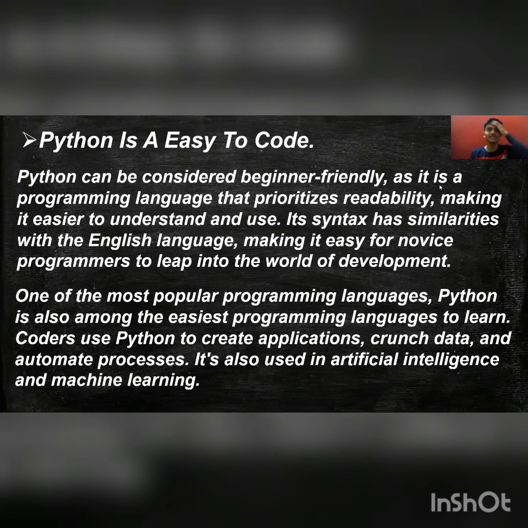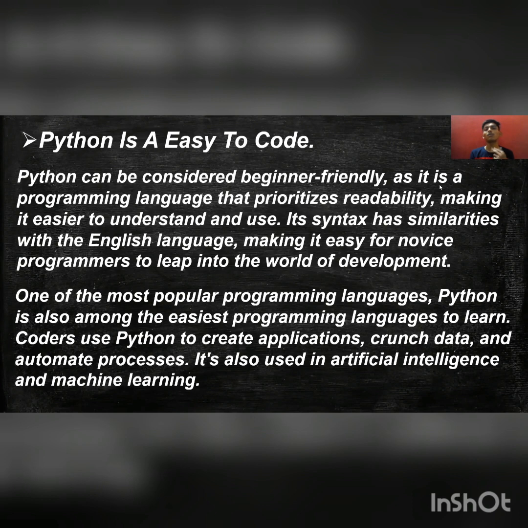It is in English. The syntax of Python is in English format. That's the reason why we can understand Python. When we compare to C and C++, the syntax of C and C++ is not in the format of English. That's the reason why Python is easier to code.